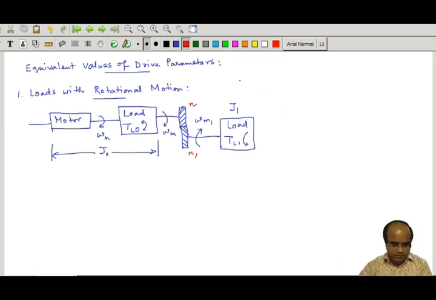Then obviously the speed of the machine depending upon the speed of the load is inversely proportional to the gear teeth ratio, that is omega m1 by omega m, we can write that is N by N1, which can be written as a1. Say this is a1.